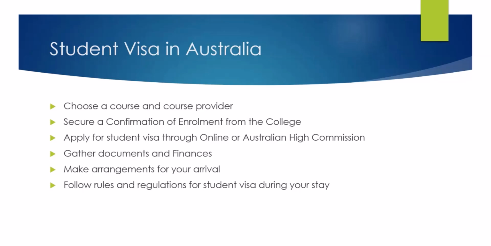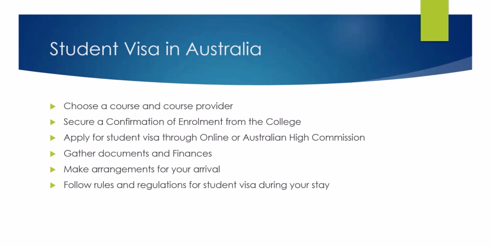Once you are done with that, then you can apply for a student visa online or through the Australian High Commission, whichever is the best possible way for you. Then you need to gather all your documents and show that you have enough finances to stay in Australia for quite a while. Before your arrival, make sure you make your living arrangements and you are familiar with the currency and a bit of the rules and regulations as well.